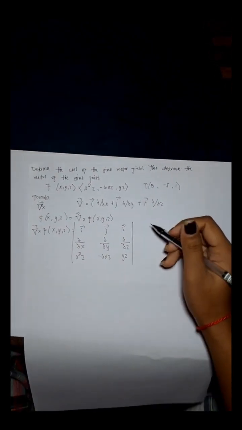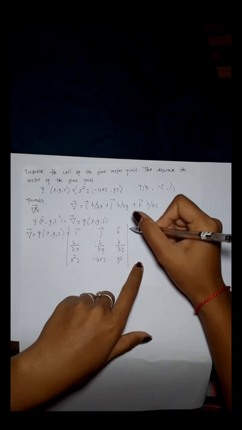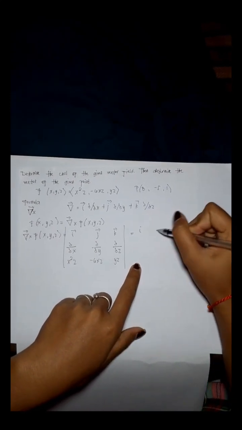So, using the matrix, it becomes i, j, k, with partial over partial x, partial over partial y, partial over partial z, and x squared z, negative 6xz, yz. We will repeat the first two columns so that we can solve the matrix.